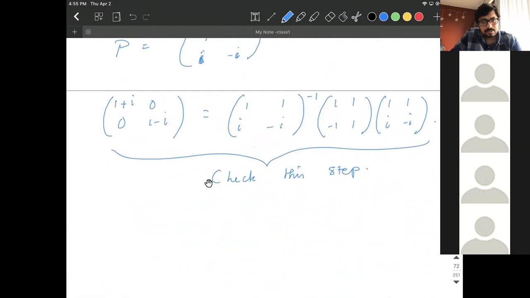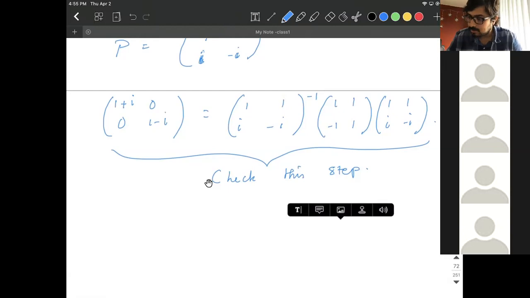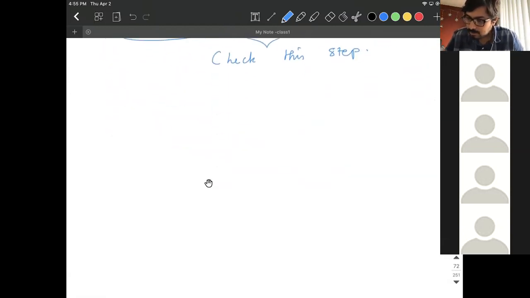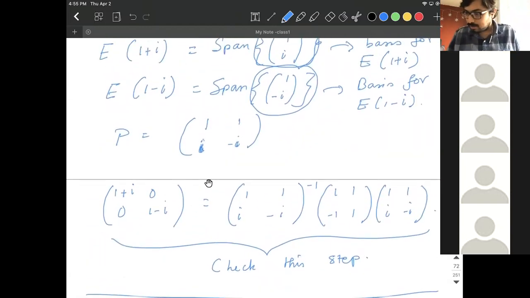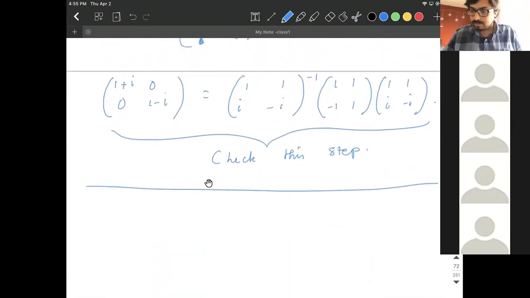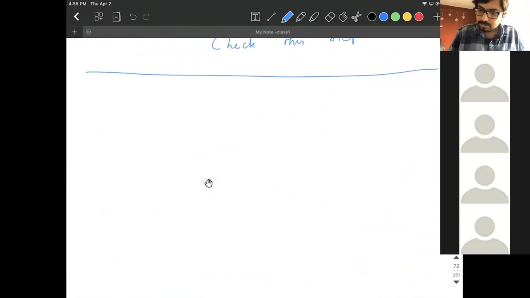Okay, so if there are no questions, then let's carry on a little bit more. So now we have done everything needed to set up the theory, and now let's just move on to examples of diagonalization.